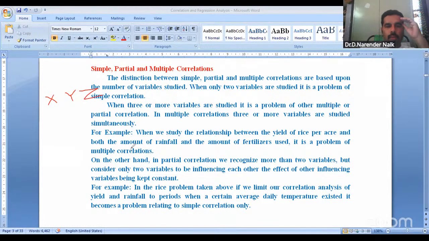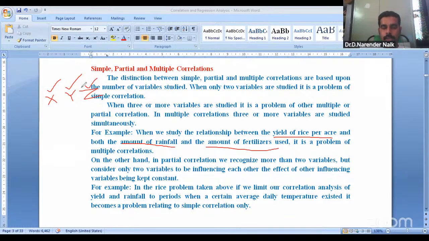When we study the relationship between the yield of rice per acre and both the amount of rainfall and the amount of fertilizers used, it is a problem of multiple correlation. We have the yield of rice, the amount of rainfall, and the amount of fertilizers. We studied these three variables at a time.